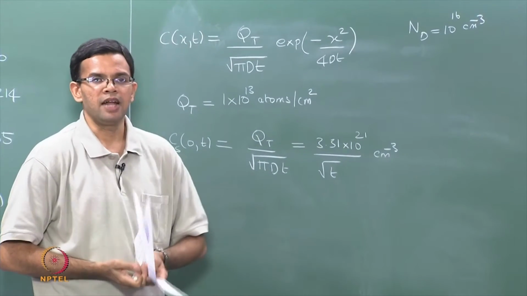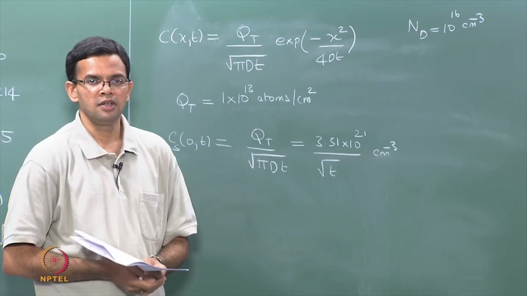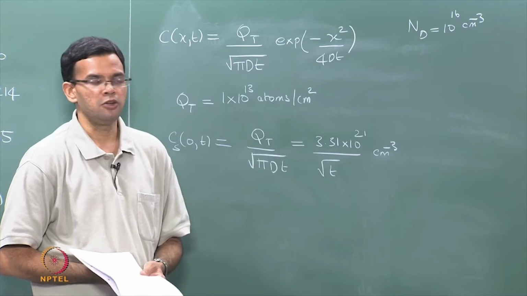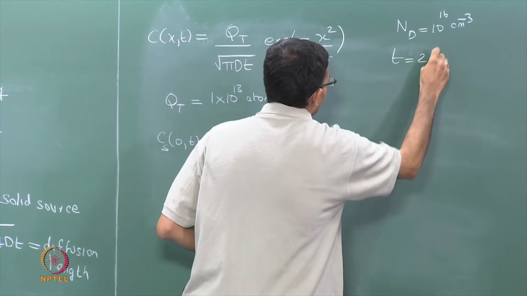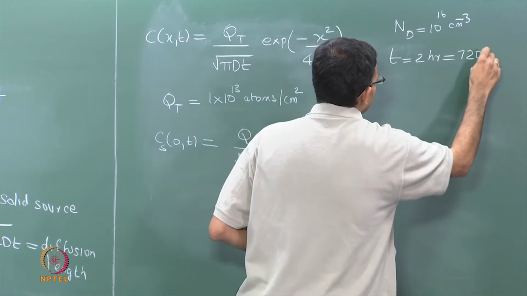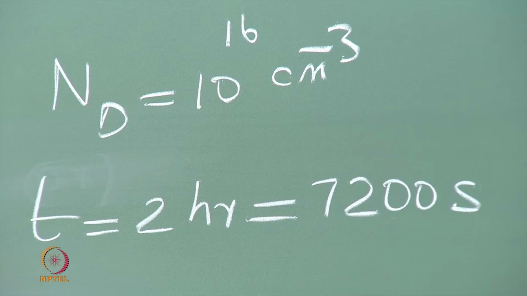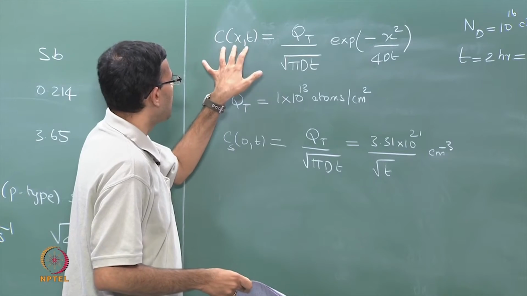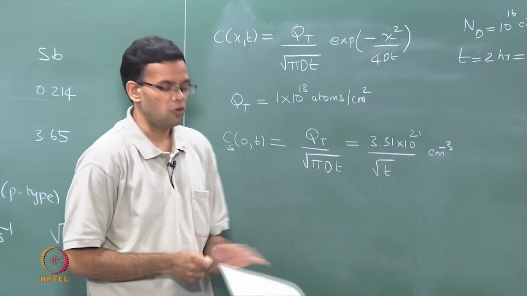To simplify matters, I will assume that Nd is a constant throughout the material and does not change during my doping. Let me also take time to be pretty long. I will take 2 hours, which in seconds is just 7200 seconds. So t is something that we know. We want to calculate x. All the other terms in the expression are known.